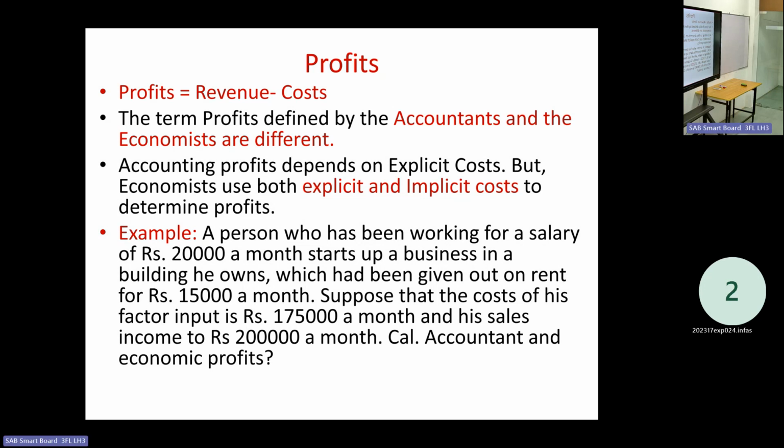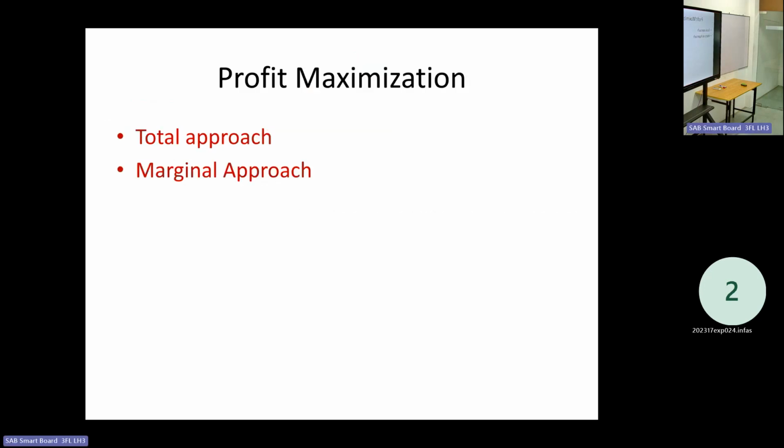That means we have to take the opportunity cost, that is the implicit cost, plus the explicit cost also, including both.